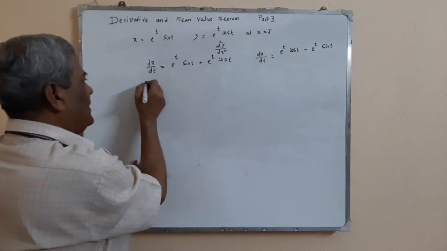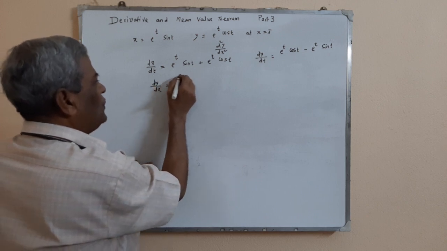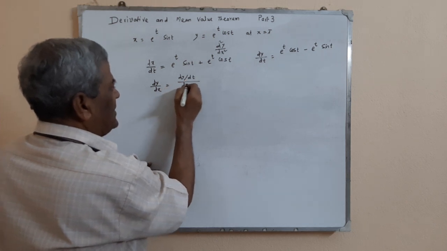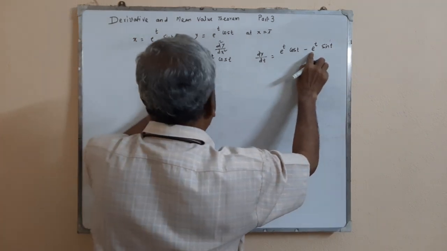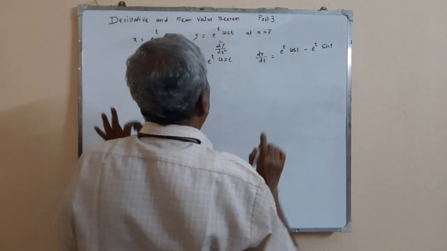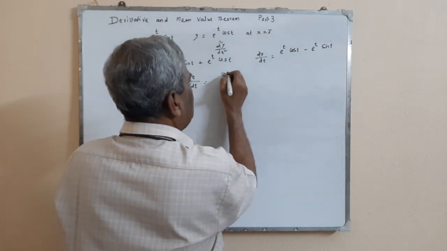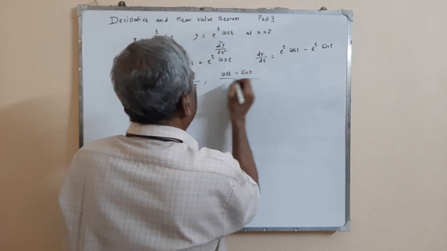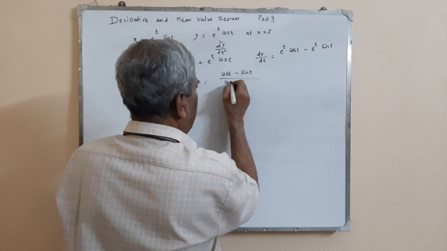So dy dx is equal to dy dt by dx dt, which is equal to this by that. E to the power t will be cancelled all along, so that we get cos t minus sin t by cos t plus sin t.